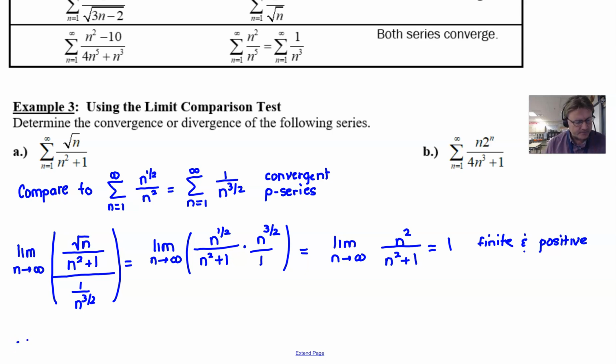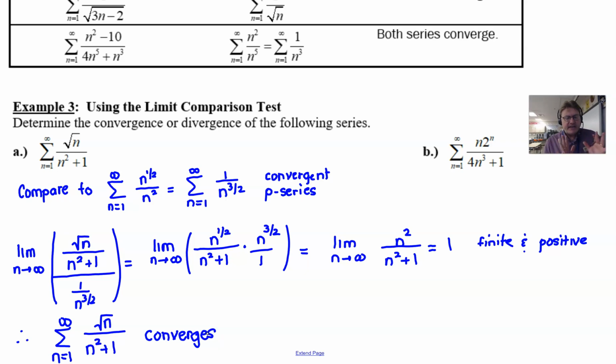So therefore, the behavior of our given series, which was the square root n over n squared plus 1, is going to converge. Hopefully this is making some sense.